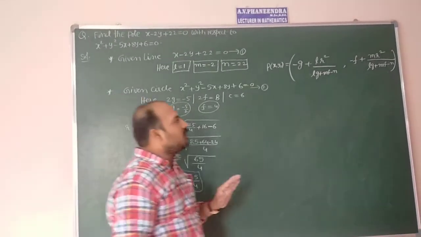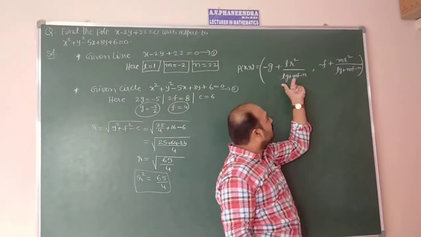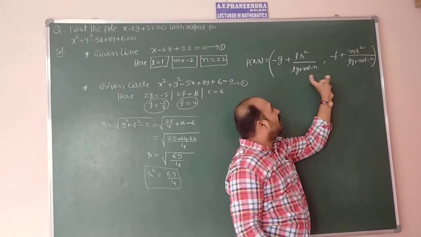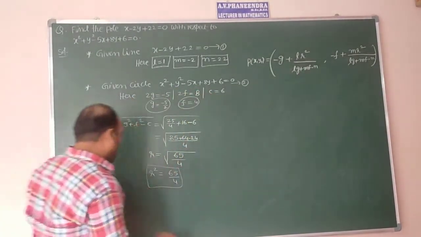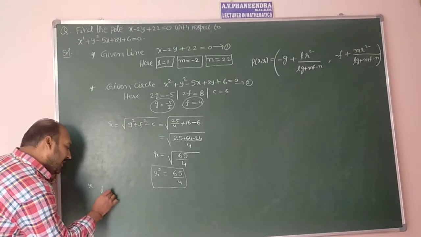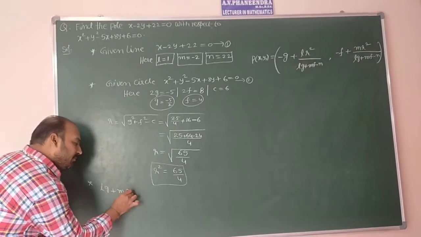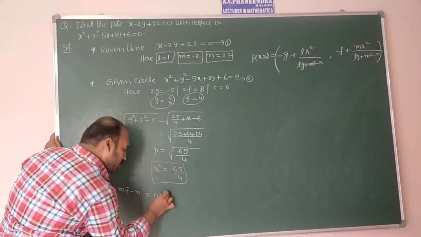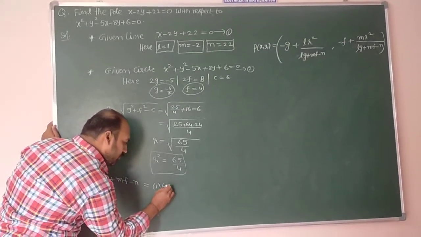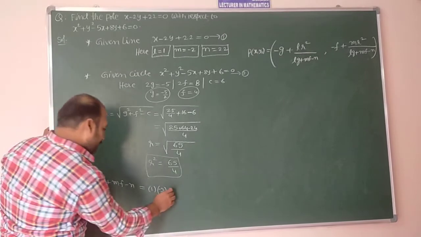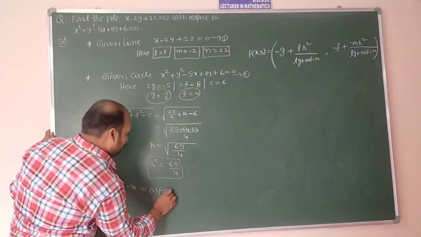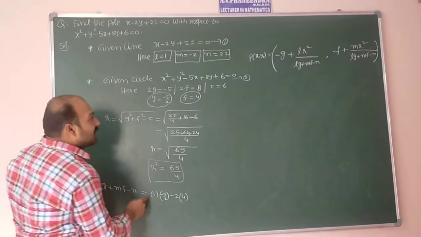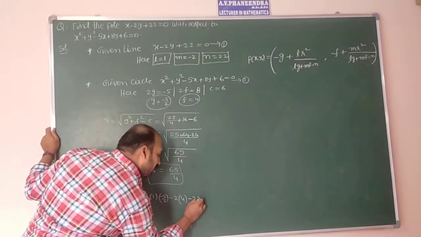And one more important thing you have to remember: in both the terms, the x coordinate and the y coordinate, the second term in both is common, lg plus mf minus n. That value also I am calculating here. lg plus mf minus n. l value is 1 into g value minus 5 by 2, m value is minus 2 into f value 4, minus n, minus 22.